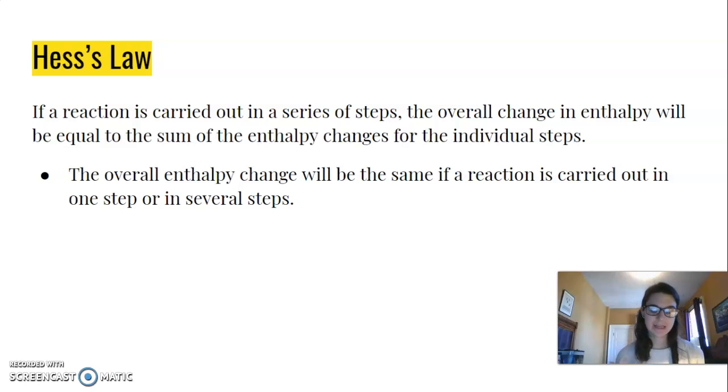So basically, the path that you take or the number of steps that you take shouldn't matter in terms of the change in enthalpy going from reactants to products.